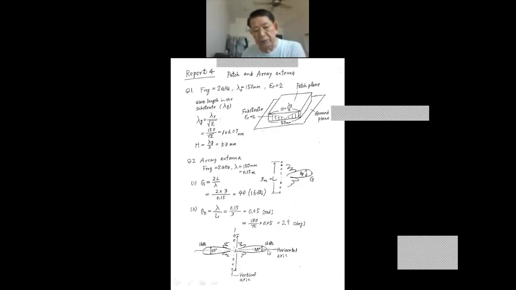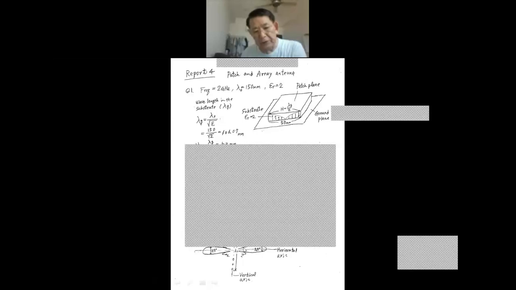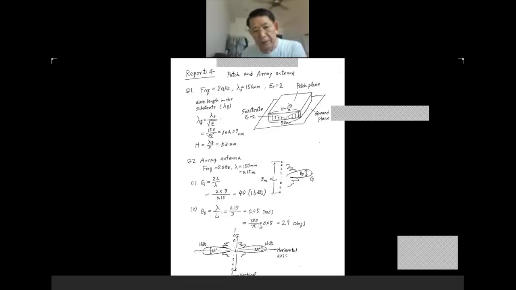So the radiation appears only in the horizontal plane. In the vertical plane, it decreases very rapidly. And in the top vertical direction, along the array line, it becomes zero. Okay.